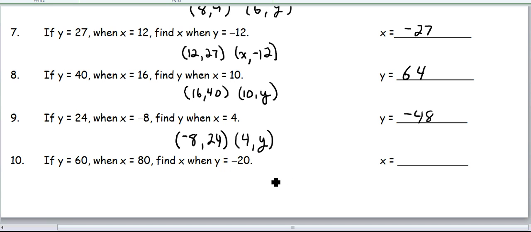Again, we have 80, 60. Find x when y is negative 20. So I have 80 times 60 divided by negative 20, and on my calculator that gave me negative 240.